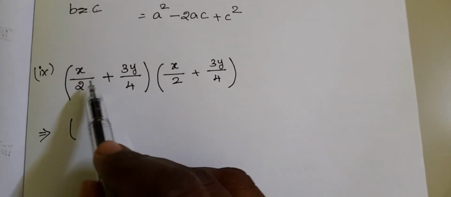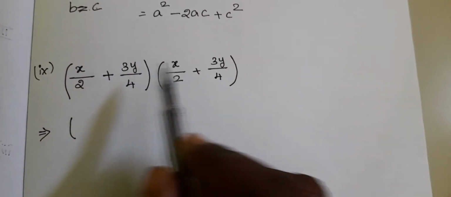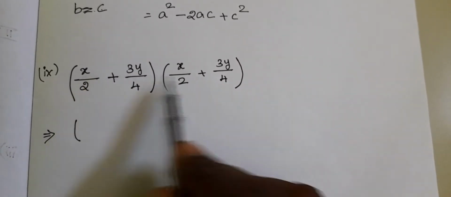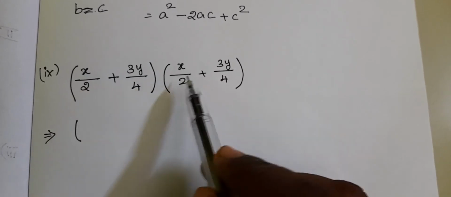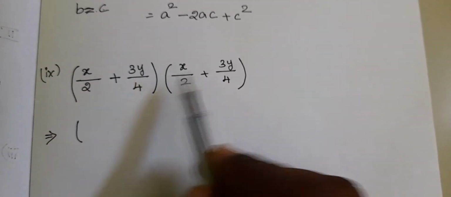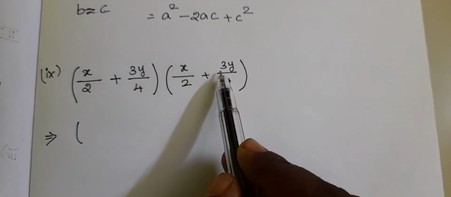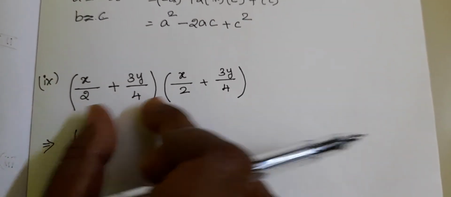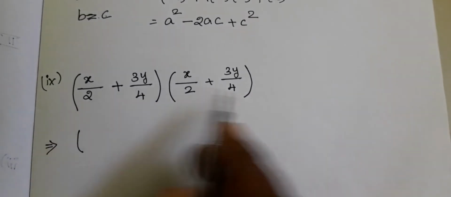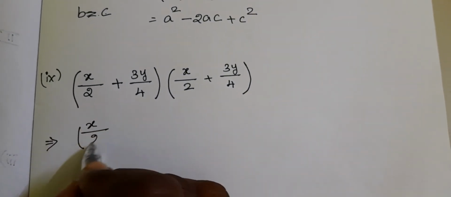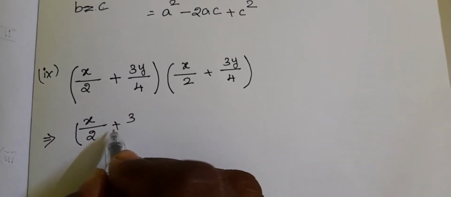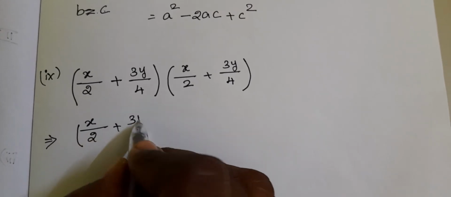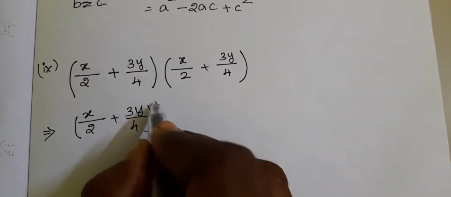9th question. Read the question and observe that the terms within the bracket, x by 2 plus 3y by 4, both the brackets contain a plus symbol. Same term is repeating in 2 brackets. It repeats 2 times, so we can write this as x by 2 plus 3y by 4 whole square.